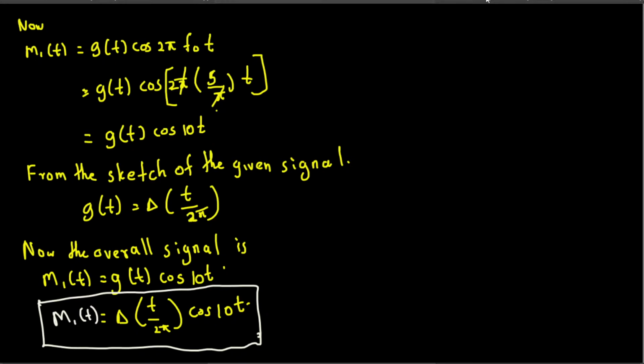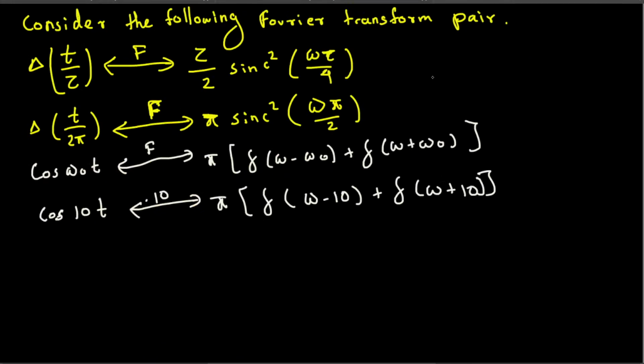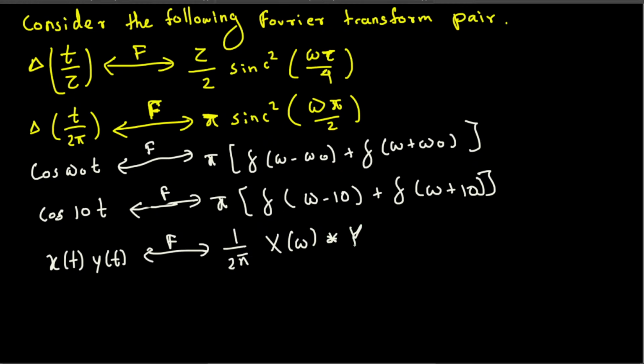When we multiply two functions with t, let's say x of t times y of t, the Fourier transform of that becomes 1 over 2 pi, X of omega convolved with Y of omega.